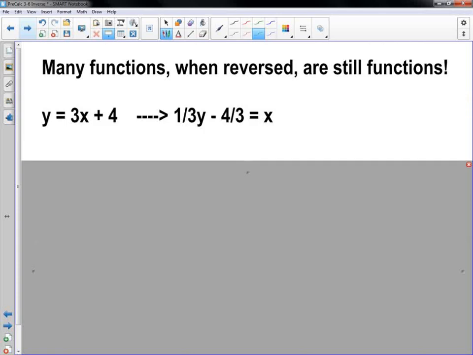Mathematically, what that looks like, if I start with this equation here, y = 3x + 4, I can reverse it and make it x = (1/3)y - 4/3. You'll learn how to come up with that reverse function coming up. Okay? But just assume that this second piece is the reversed function of this first piece.